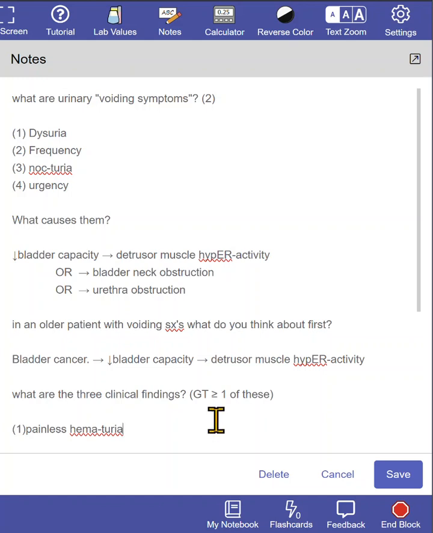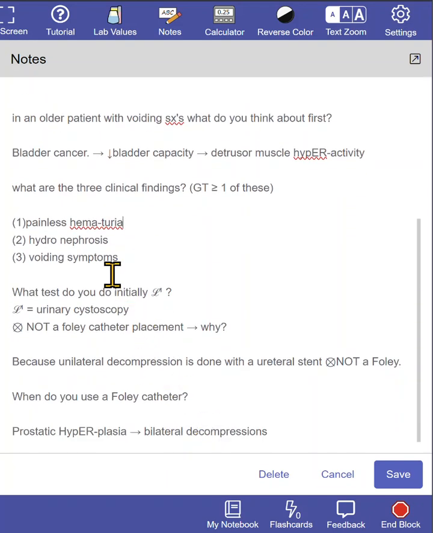You get greater than or equal to one of these: painless hematuria, hydronephrosis, and voiding symptoms.